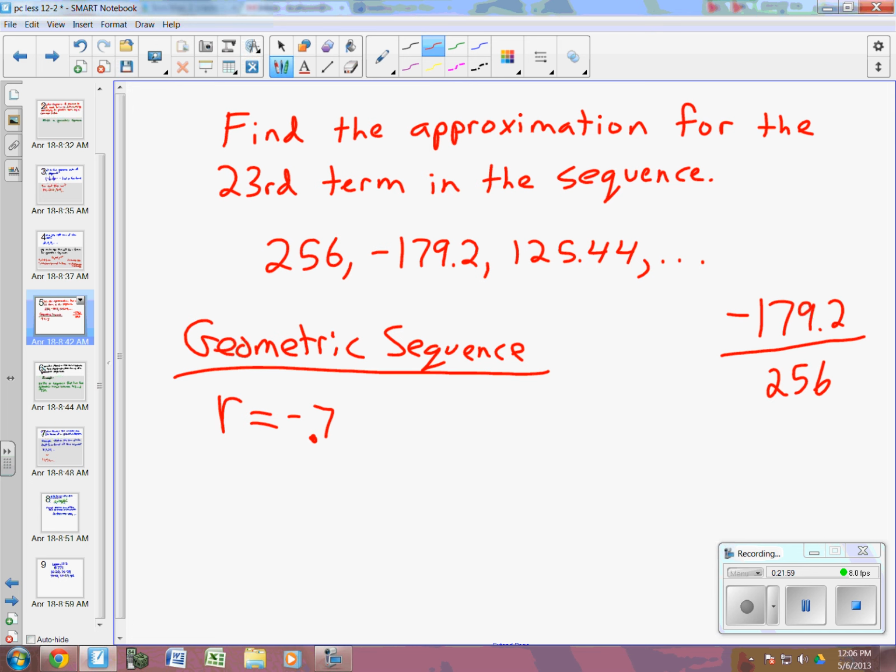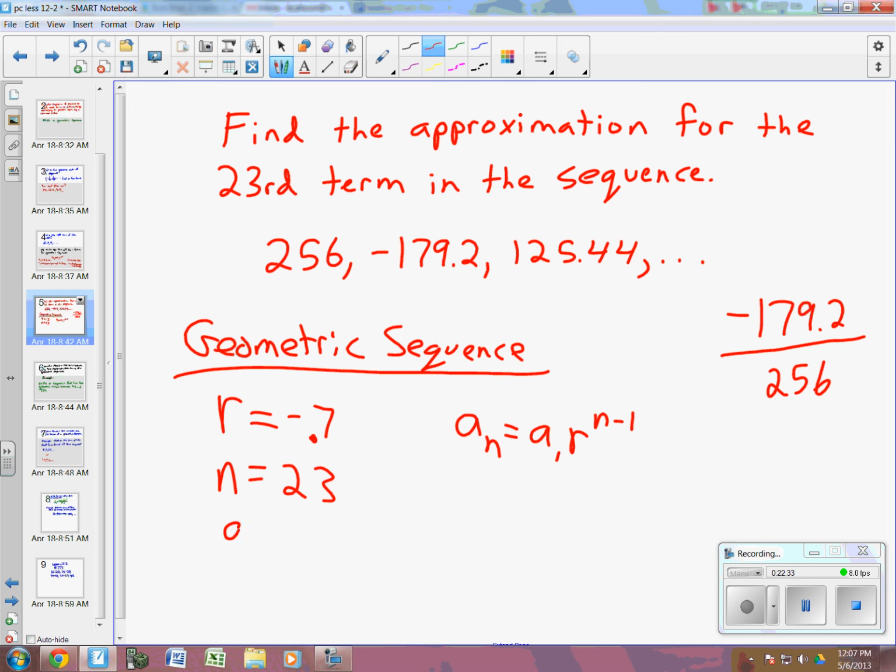Now, we learned a formula for finding the nth term of a geometric sequence. It was a sub n equals what? A sub 1 times r to the n minus 1 power, right? So what else do we need in order to do this problem? We need to know what n is. It tells us in the problem: 23. We have r.